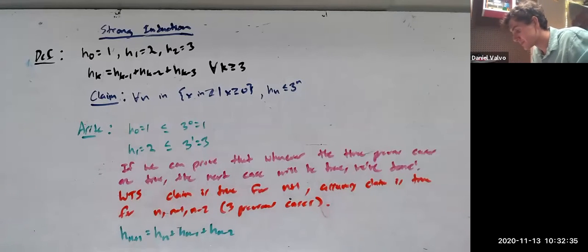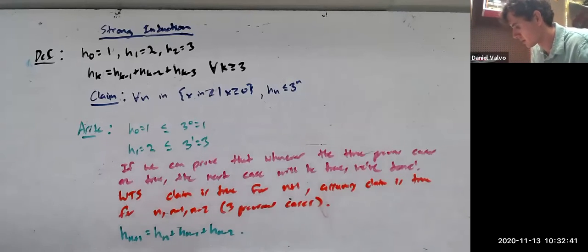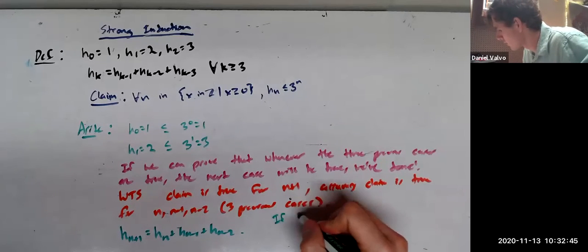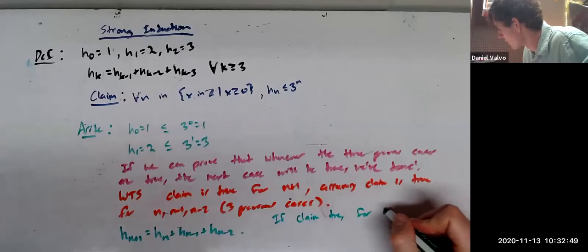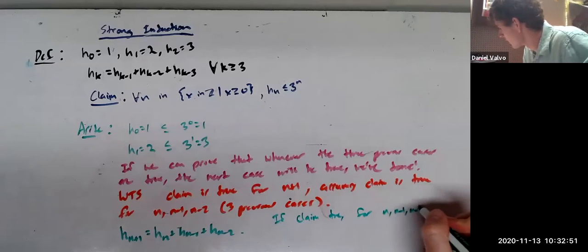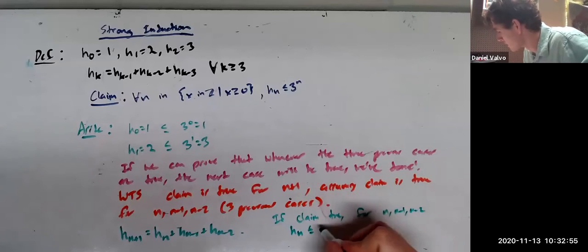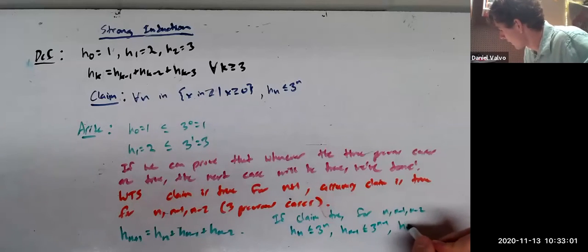So anyway, assuming the claim is true for n, n minus 1, n minus 2, then we'd get that h of n is less than or equal to 3 to the n, h of n minus 1 is less than or equal to 3 to the n minus 1, and h of n minus 2 is less than or equal to 3 to the n minus 2.